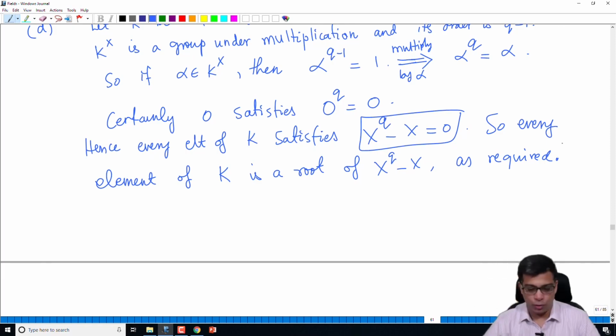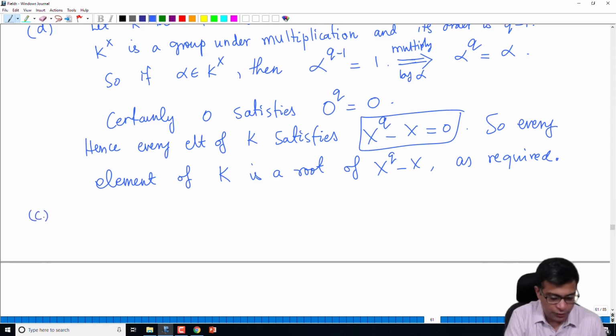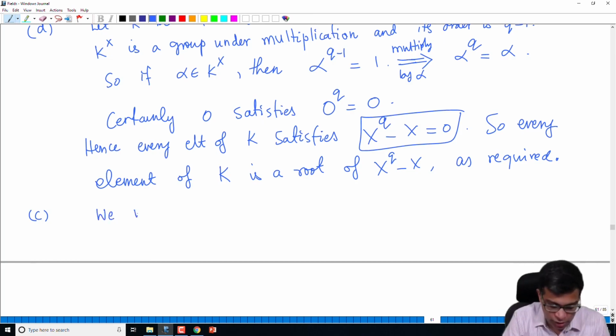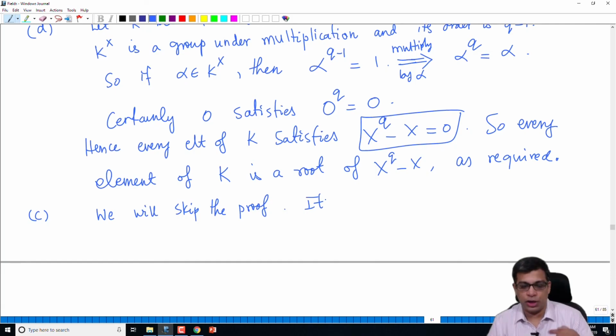What I am going to do now is C. In fact, I will not prove C, so we will skip the proof of C. C says that the non-zero elements of K, which form a multiplicative group of order Q minus 1, in fact form a cyclic group. This is an important statement that we will use later, but we will skip this.